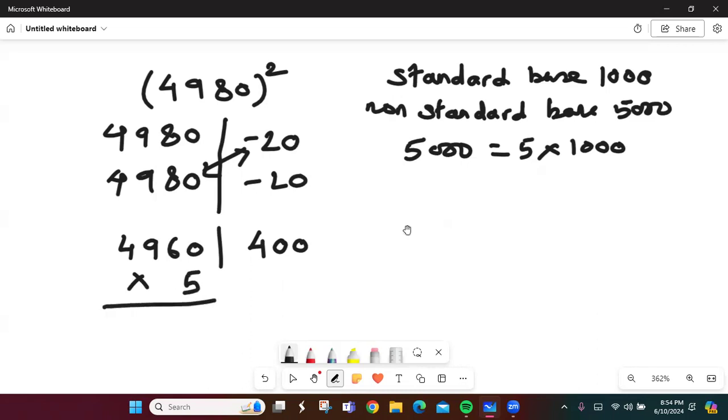So 4,960 multiplied by 5 will give me 24,800. So I will write this in two partitions here.